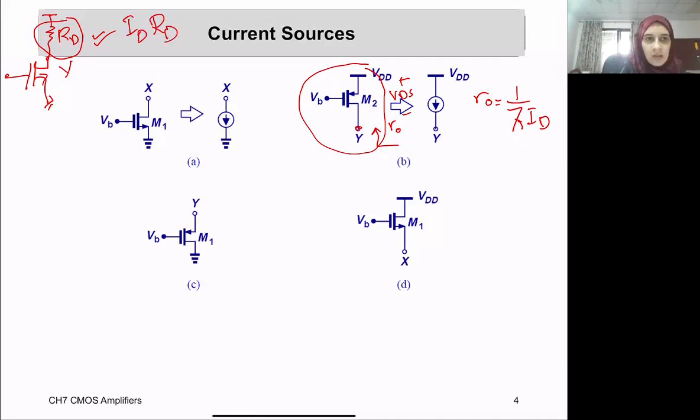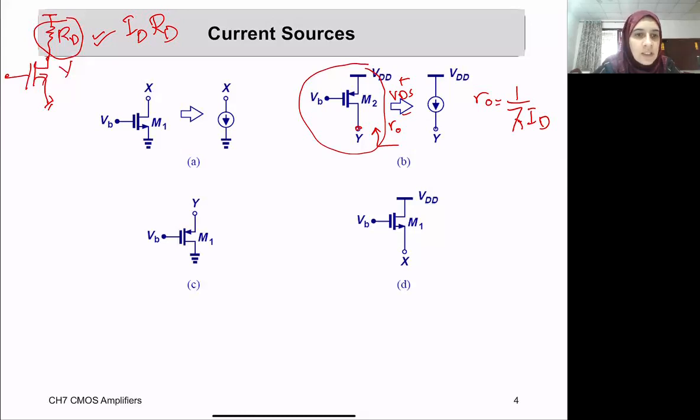It does not depend on the impedance of the transistor. Therefore, I can gain two things. I will have a larger impedance related to the gain, and I will not have a larger voltage drop across it, so I will not be very prone to leave the saturation region. Therefore, this is an advantage for me. So I can replace the RD with a transistor that acts as a current source. Okay, is this part clear?